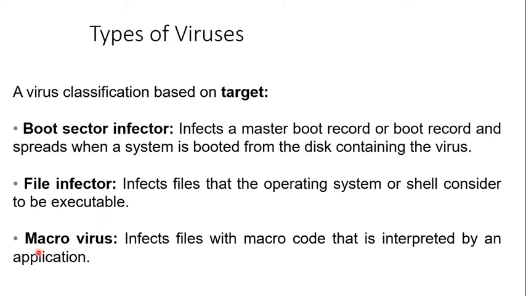The third one is the macro virus. This is somewhat different, at the application level. The boot sector infector works at the boot level: once the boot record is affected, the complete system is gone. The file infector only deals with executable files, whereas the macro virus only deals with the application level.